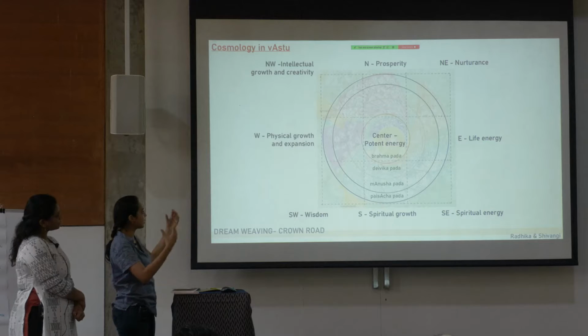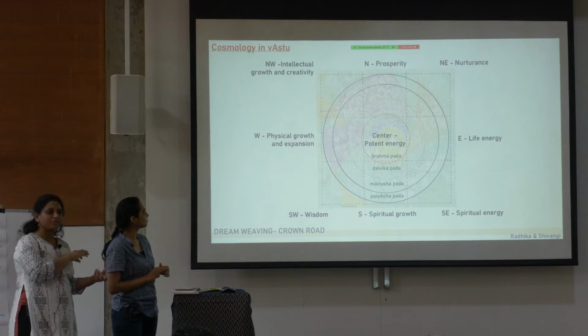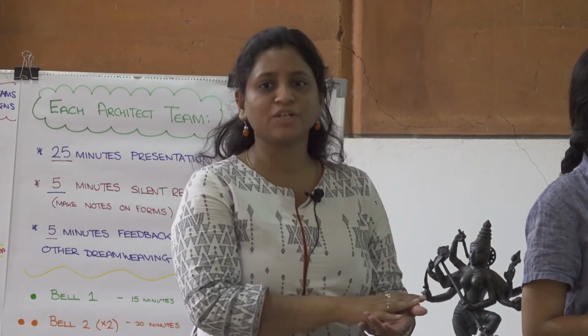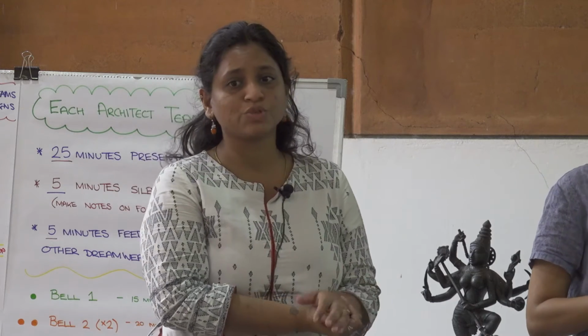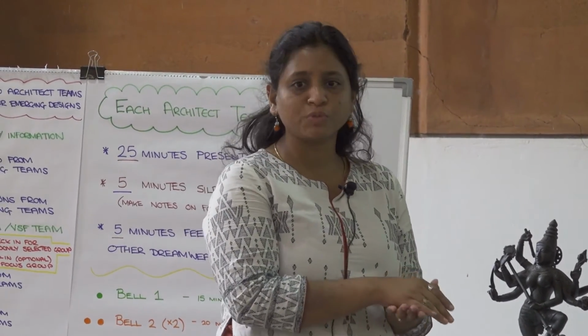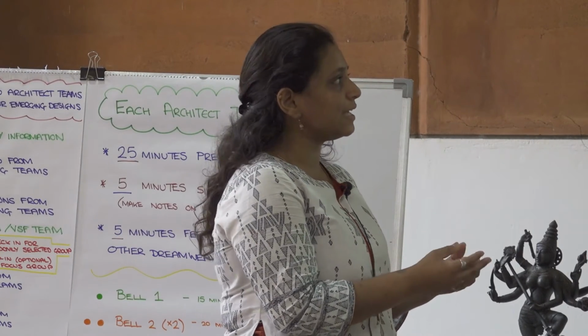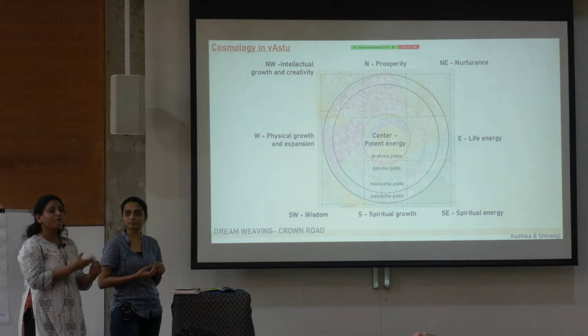After the center, there are more public services, more administrative services, then comes the habitation, and then come the outside relationships. When we studied the different significance and representation given by the Mother, and what the cosmology in Vastu Shastra says, we really felt there are a lot of parallels to be drawn between the two, and also our understanding of the center being the potent energy and the center being free in some way.